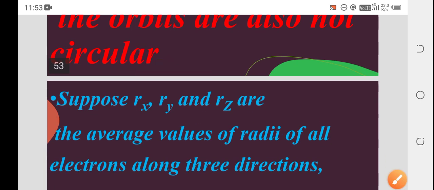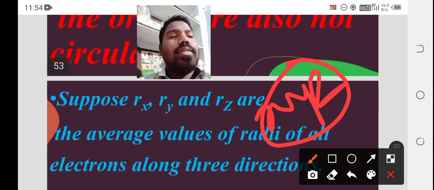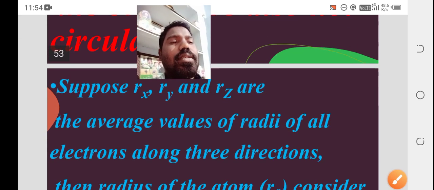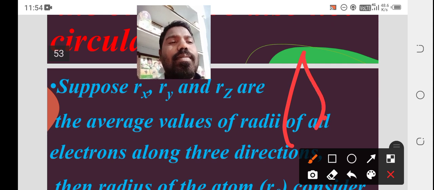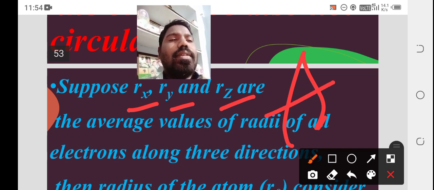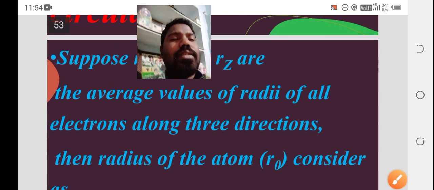In the spherical shape, let us consider three directions, that is x, y, z. So Rx, Ry, Rz are the average radius values of the electron along the directions x, y, z.